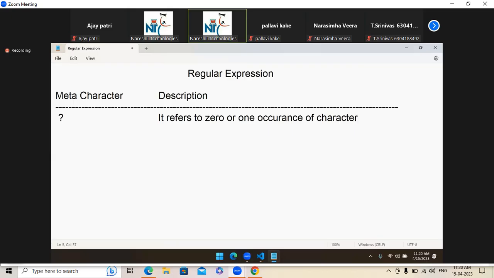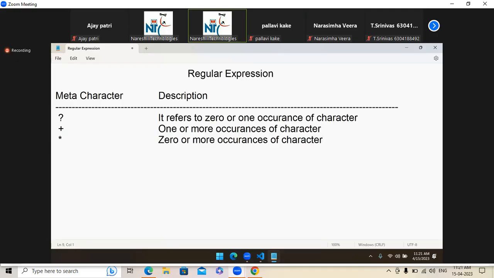Zero or one occurrence of a character is defined using question mark. We have plus. It refers to one or more occurrences of a character. We have asterisk. It is zero or more occurrences of a character.